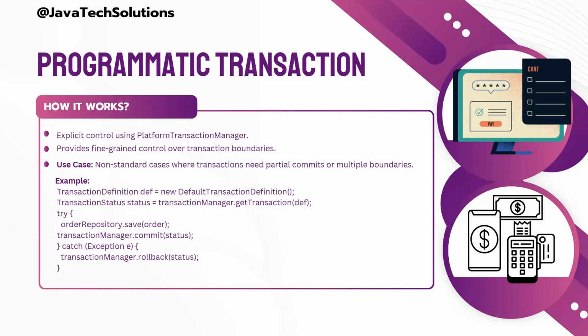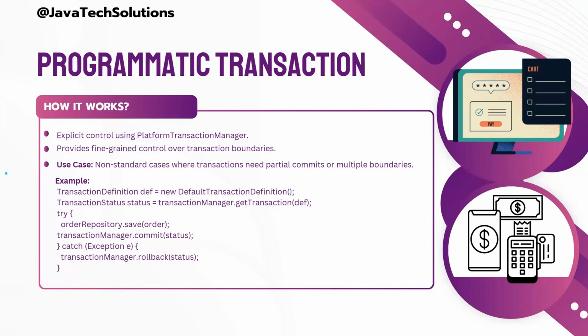While programmatic transaction management provides greater flexibility, it is generally used only in advanced cases where declarative management cannot meet specific needs. For most applications, declarative transaction management with @Transactional is recommended as it is easier to use, less error-prone and sufficient for most scenarios.